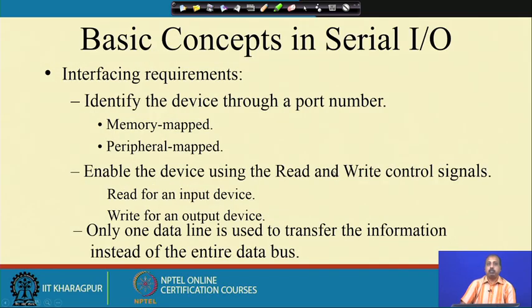Next, we will look into another very important concept, which is serial input output operation. We want to transfer data serially. While looking into the SIM and RIM instructions, we have seen that there are serial data input and serial data output bits in those instructions.